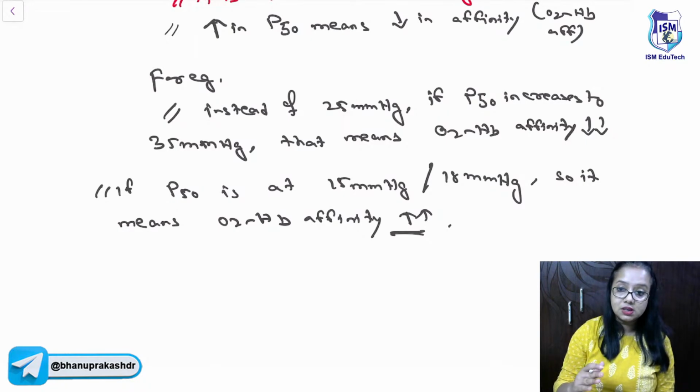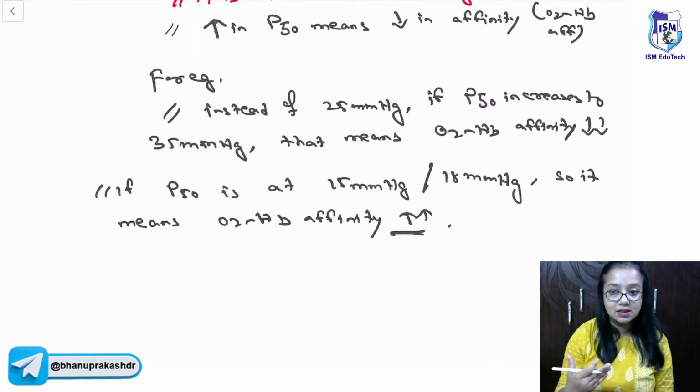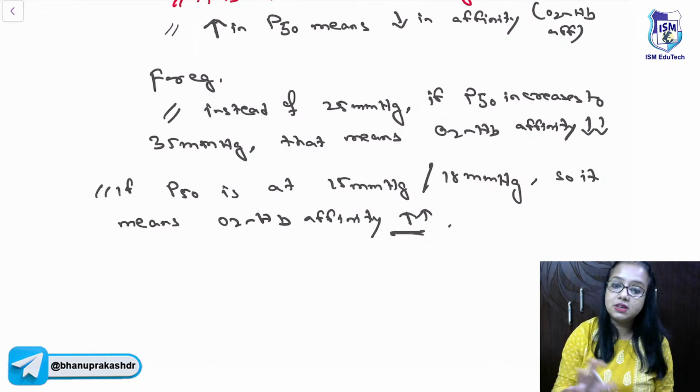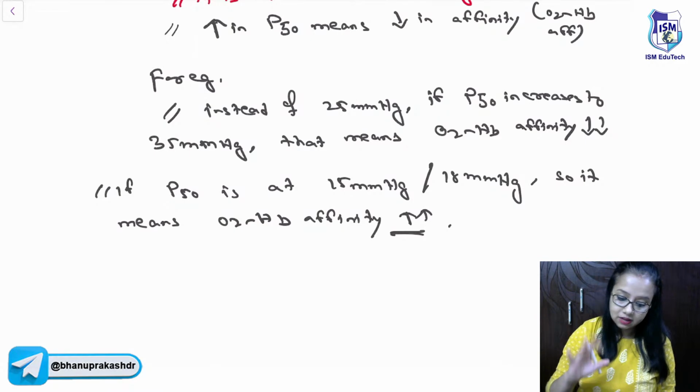So in that person there is always binding of carbon monoxide onto the hemoglobin more than oxygen, because the air he is inhaling is rich in carbon monoxide. In this kind of person, the P50 helps to understand the affinity of the oxygen and hemoglobin. This is the takeaway from it.